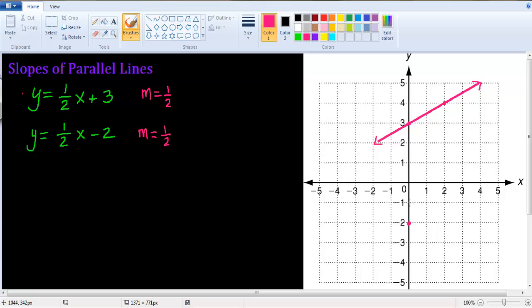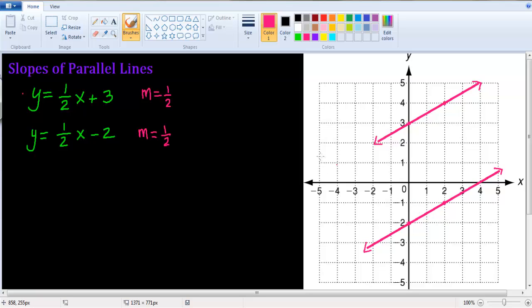And here's the second point. Now I'm going to draw a line through these 2 points. And remember, we extend them because they will extend infinitely in both directions. Here are my 2 lines, and we also draw arrowheads indicating that the line goes on forever and ever. And there you have your 2 lines.